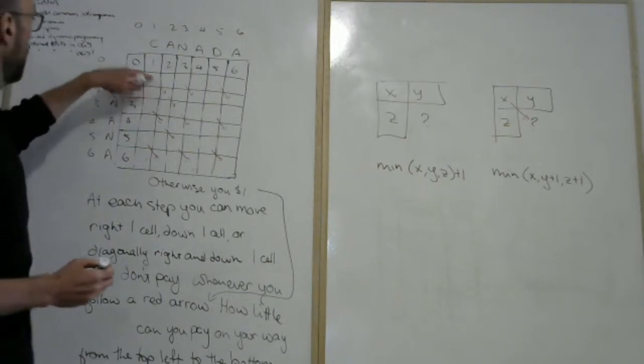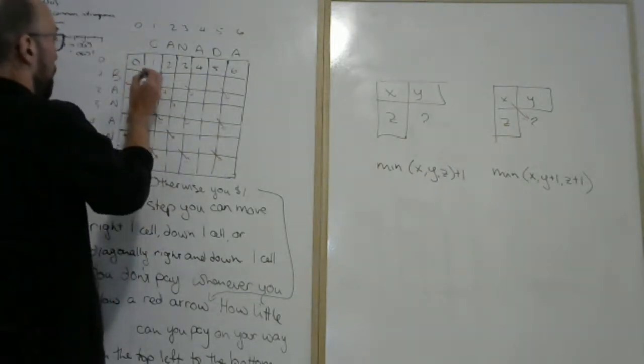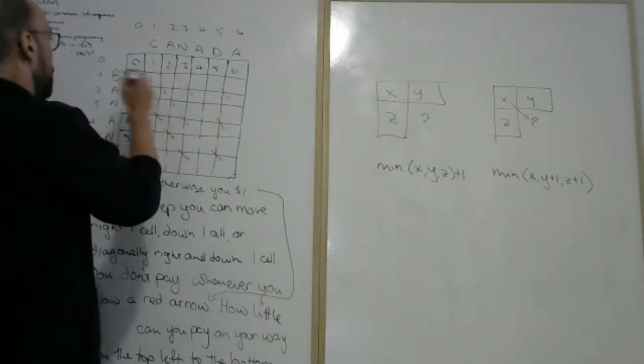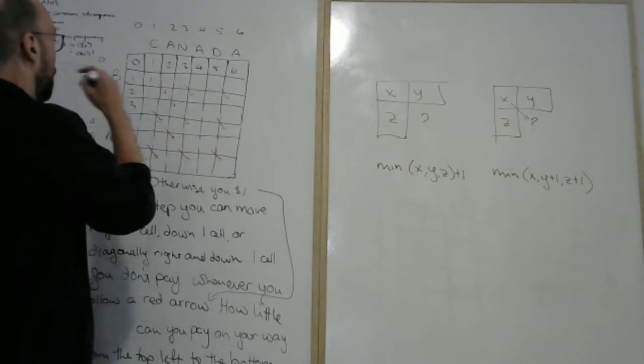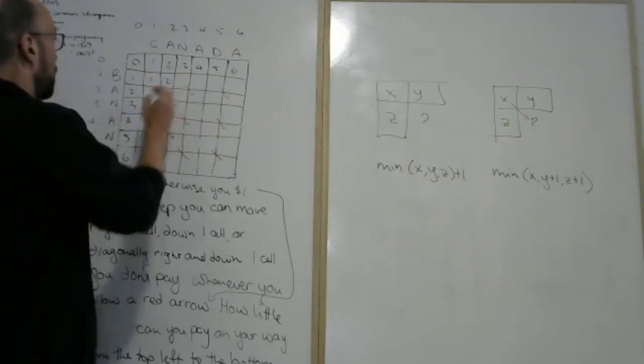And then to change B into C, well, this is min of this plus 1, this plus 1, this plus 1. So this is 1. This is 2, right?